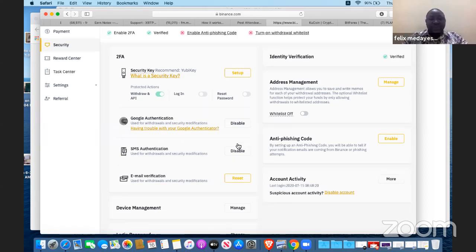Okay, so as you do this Google Authenticator, please, there's something here. When you start, it asks you to go and download. Of course, many of you, if you don't know, go to your Play Store. It's very, very important.